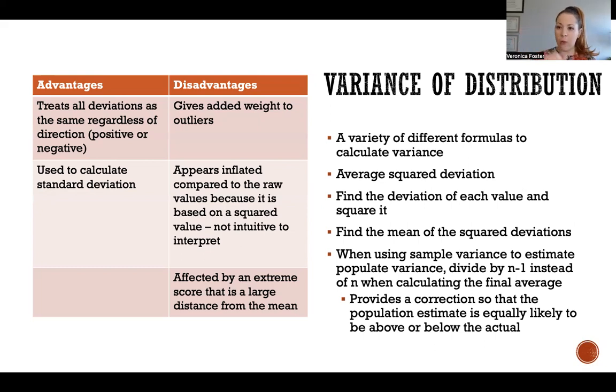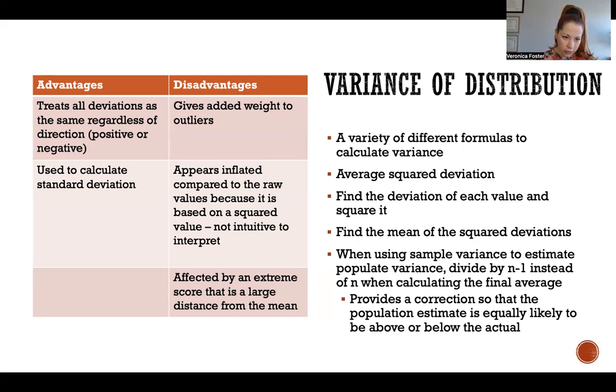So for 5 data points, we would divide by 4 because we're taking n, which is 5, and taking 1 away. We're dividing by 1 less. So it just sort of inflates the variance that you're calculating a little bit, and that provides a correction so that your population variance that you're estimating is more likely to be closer to the true value.